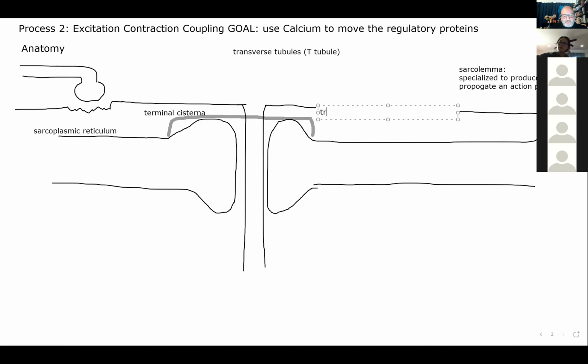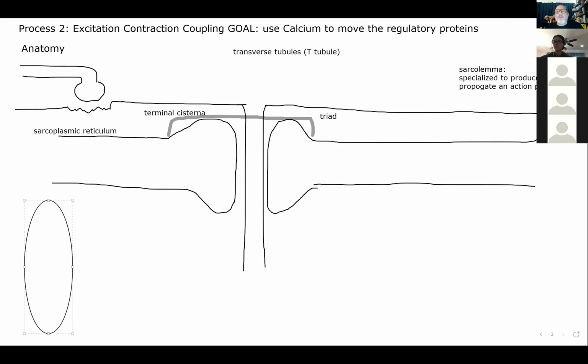Triad. There you go. Excellent, the triad. Oops, no, hold on. That stays there. All righty. We know that this sarcoplasmic reticulum is sitting on top of, let's do it this way, our myofibril.